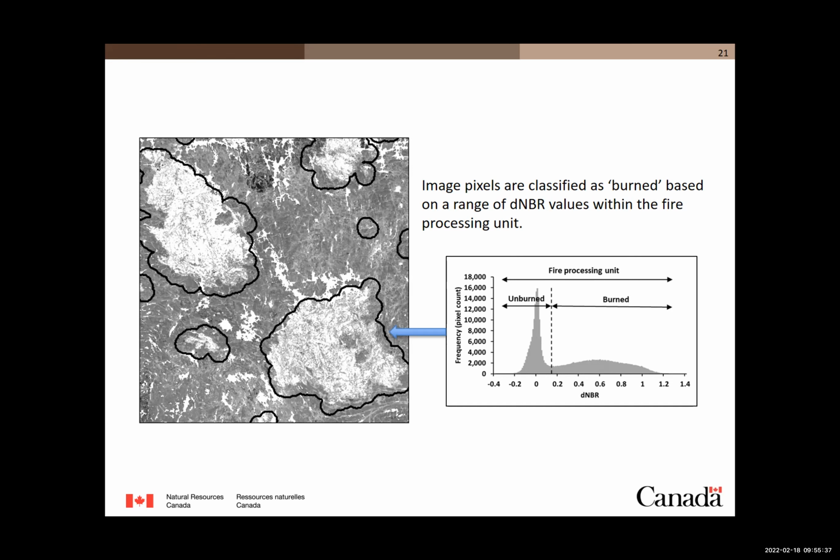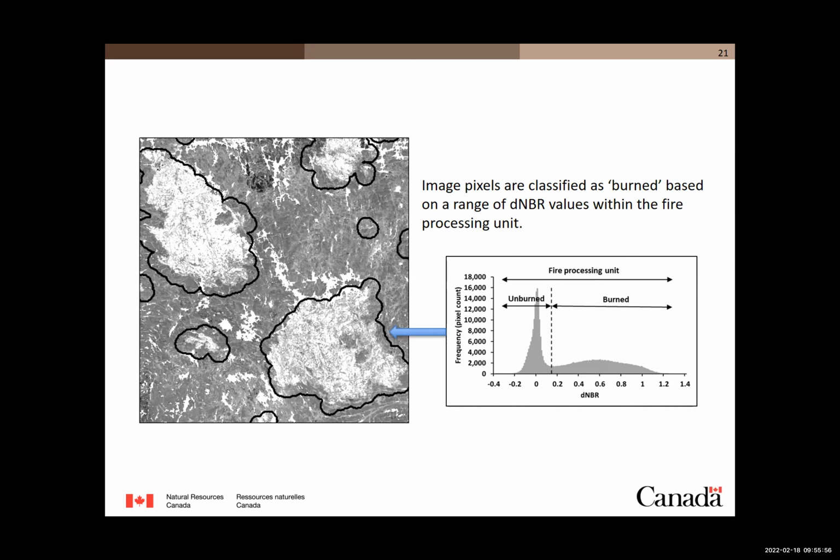In this example, the highest peak is healthy vegetation, and that also includes some of the unburned patches. But it's that smaller peak to the right, which is our burned pixels. And remember, we've already masked out water, so there are no water pixels in the sample, it's only forest cover.